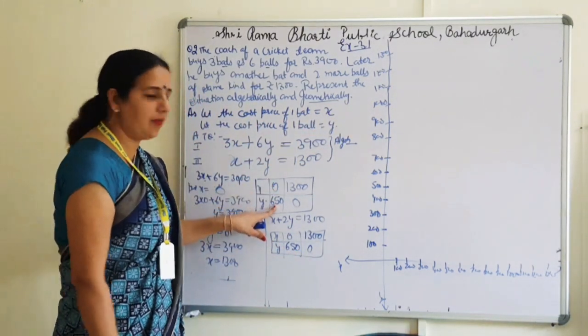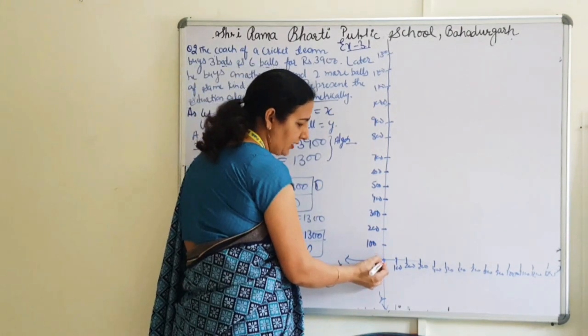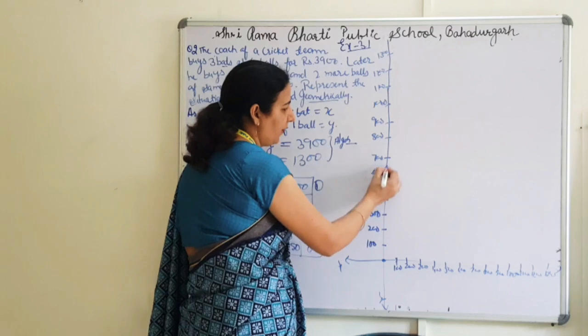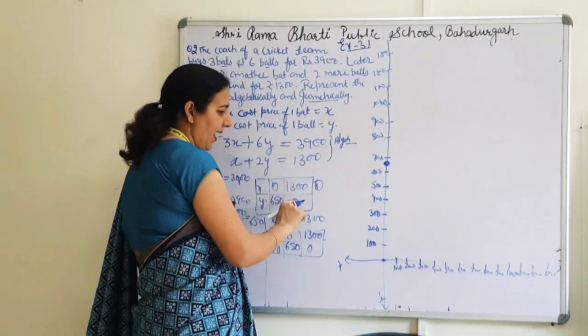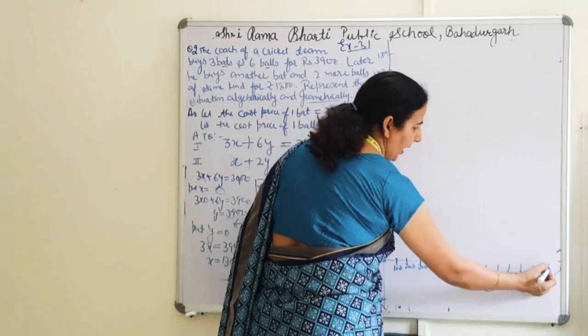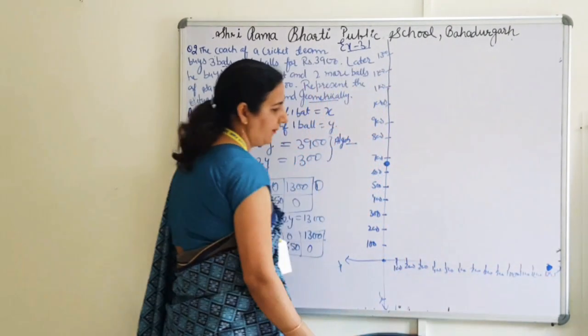0 and 650. I am just noting this point. x is 0 and y is 650, this is point number 1. Then x is 1300 and y is 0. It means this will be the point. Fine.